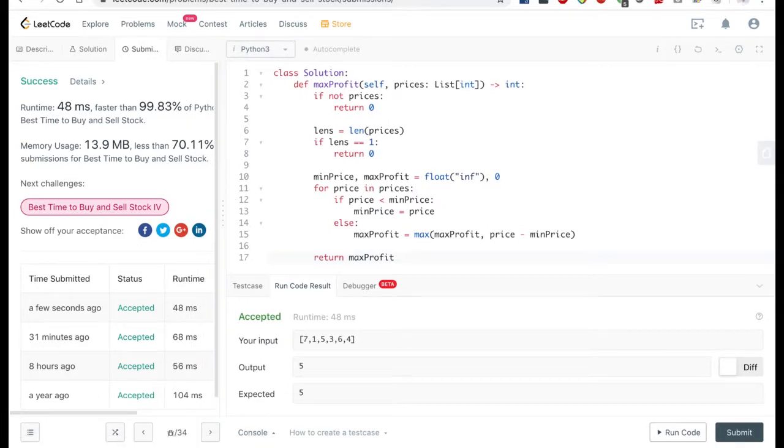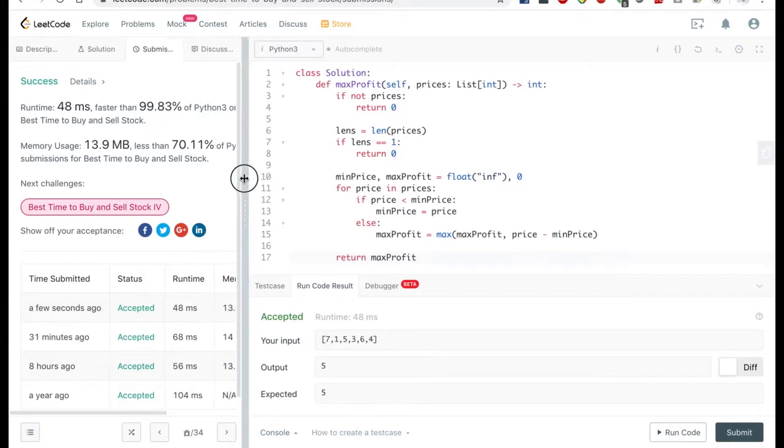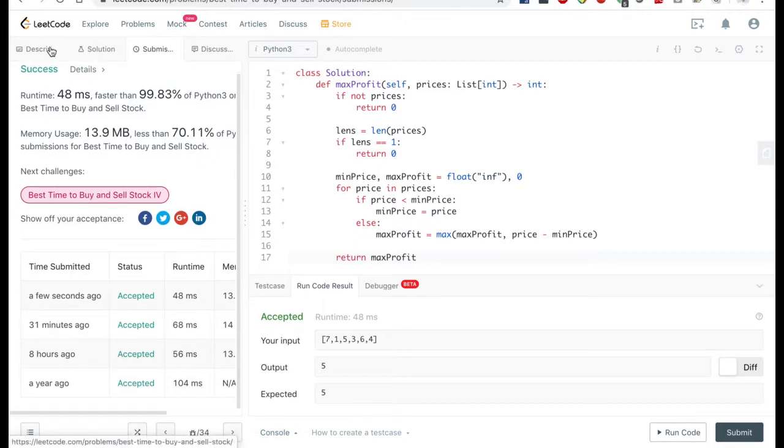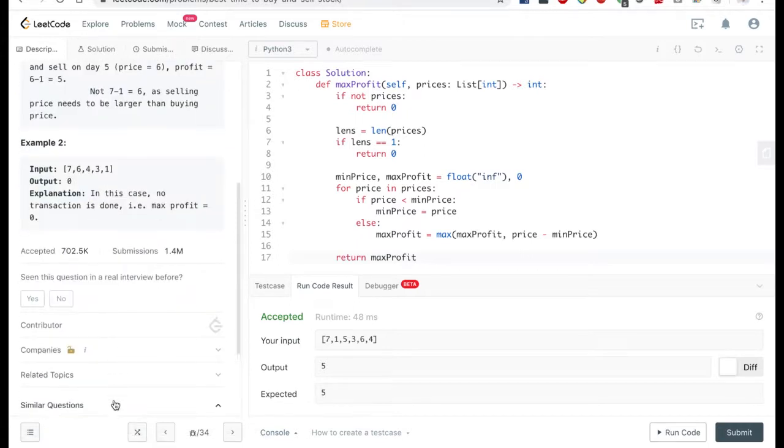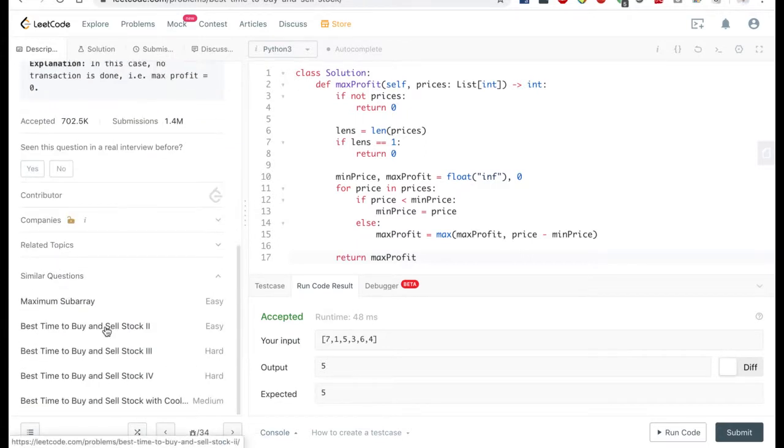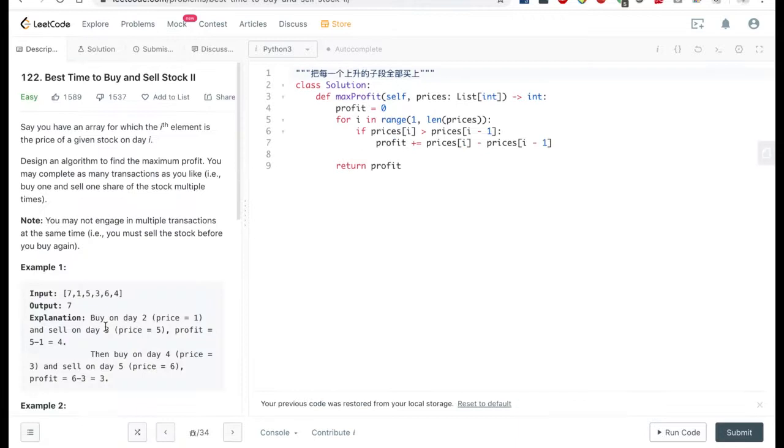That's problem 1, best time to buy and sell stock with only one transaction. So what about if we can do a lot of transactions to make our profit as much as possible? In order to solve that problem, let's go to another similar question, which is best time to buy and sell stock number 2.